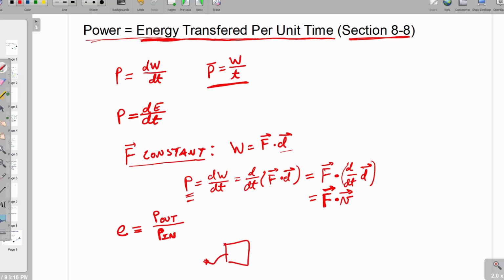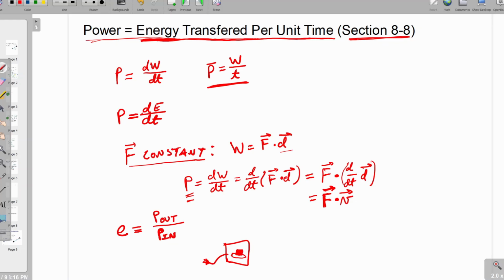It gets plugged into the wall. The power that is output by the system would be the amount of heat transferred per unit time as you're cooking something. That would probably be the most accurate way to quantify the output power.